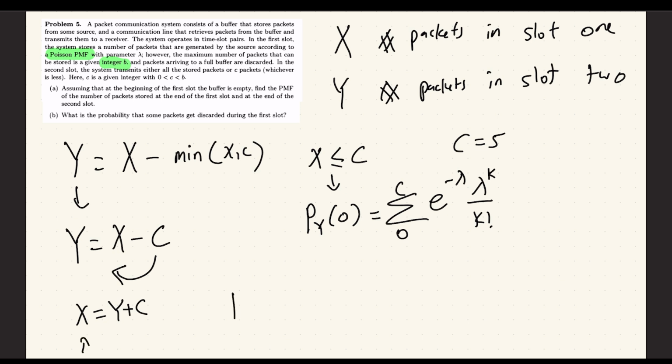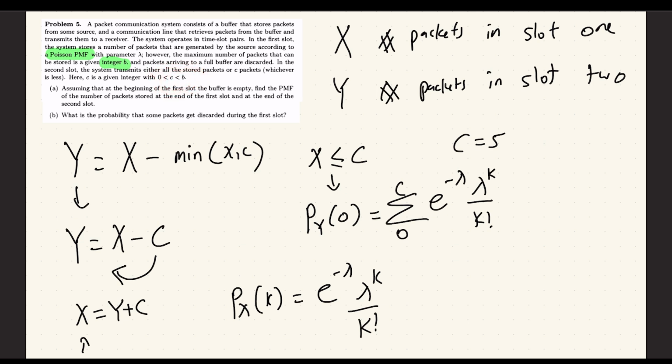Our formula for X was this, if you remember correctly, up to B. And here we are thinking about all the numbers less than B because C was set to be less than B. So we only take the part where less than B, the formula for less than B.